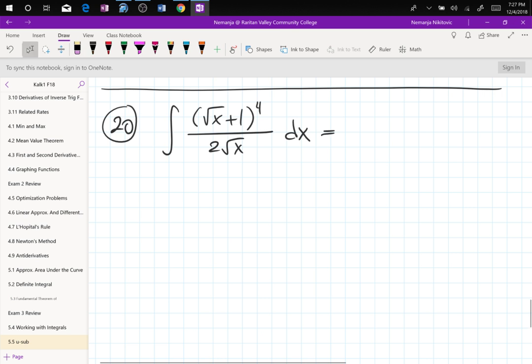You know the beautiful thing about the upcoming final and this integration? The integral is either basic, which is 4.9, or u sub.